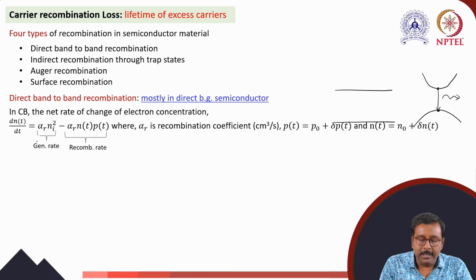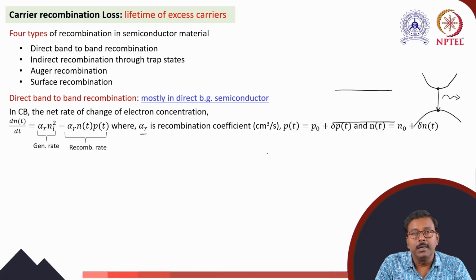Because the generation rate in a semiconductor is alpha_r into ni square, and the recombination rate, which depends on the presence of carriers, holes and electrons, that is n and p after generation, into alpha_r. This alpha_r is the recombination coefficient. Its unit is centimeter cube per second.